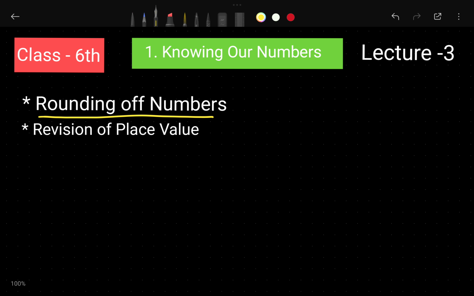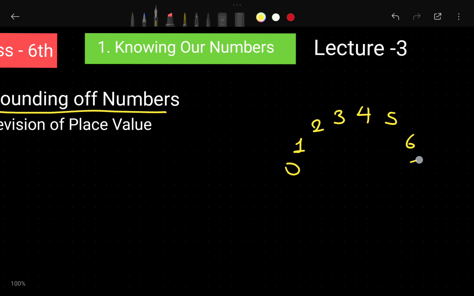Look at this number line from 0, 1, 2, 3, 4, 5, and 6, 7, 8 and 9. Anything from 0 to 4 is one category.